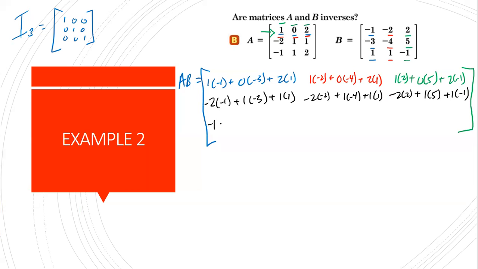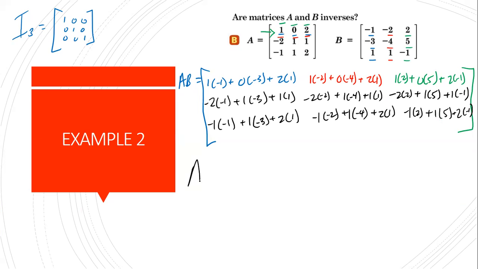And then we have -1 times -1 plus 1 times -3 plus 2 times 1. -1 times -2 plus 1 times -4 plus 2 times 1. And last, -1 times 2 plus 1 times 5 plus 2 times -1. And now you evaluate.